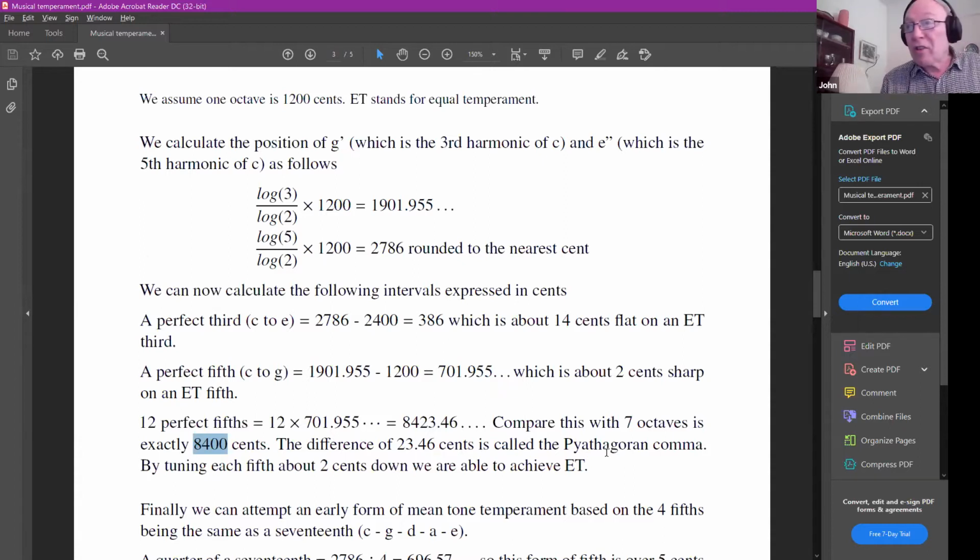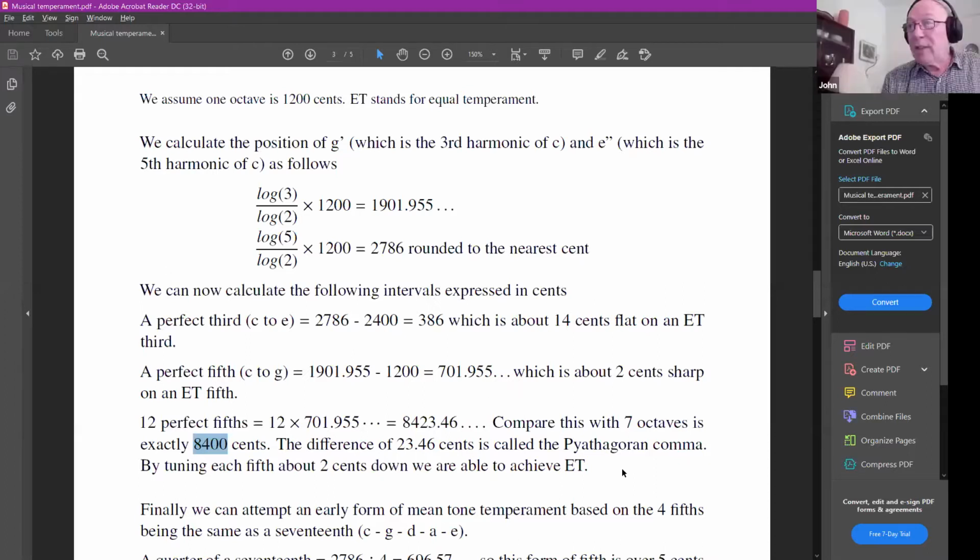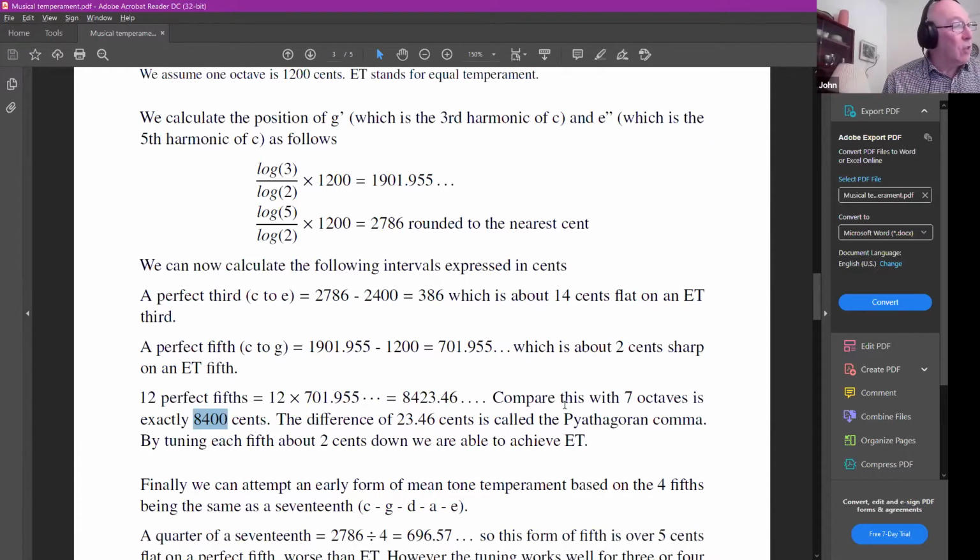And have you heard of the Pythagorean comma? Yeah. And that's what it is, 23.46 cents. So it's almost a quarter of a semitone higher, which is distinct. But of course, when you split it between 12 semitones, it's a tolerable beat.